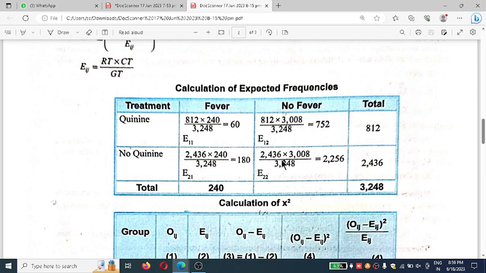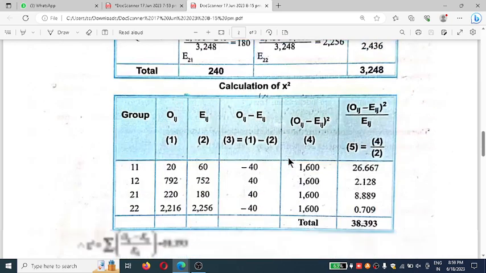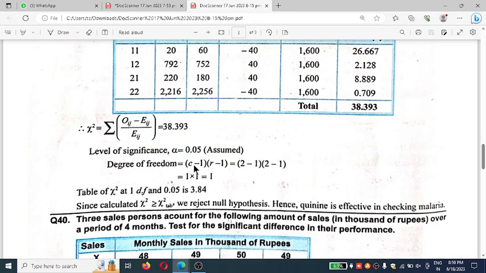See here, this row and this row are 2 rows, and these are 2 columns. So here you have (C minus 1) into (R minus 1), which is 2 minus 1 into 2 minus 1, that is 1 into 1, which is 1. So you got degrees of freedom as 1 with 0.05.